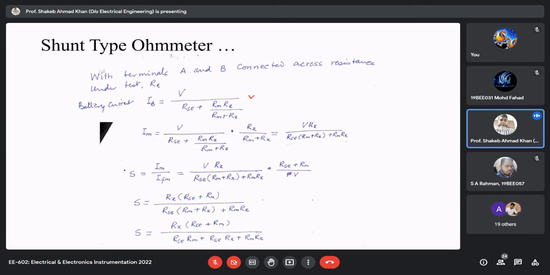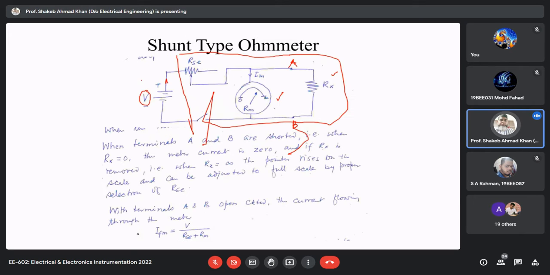This is the total current drawn from the battery, IB. Now we are interested in the expression for the meter current. This is your meter current.